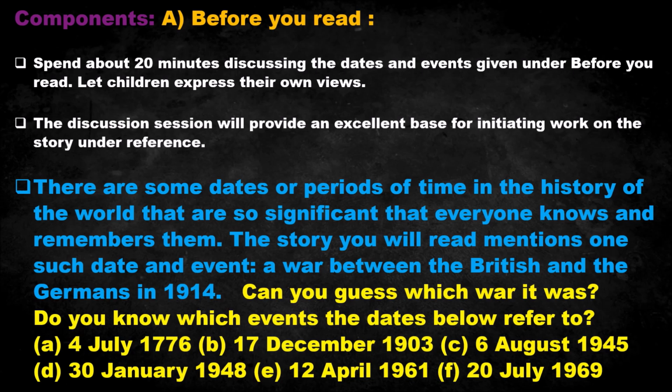Can you guess which war it was? Do you know which events the dates below refer to? 4th July 1776, 17 December 1903, 6th August 1945, 30th January 1948, 12th April 1961, and 20th July 1969.